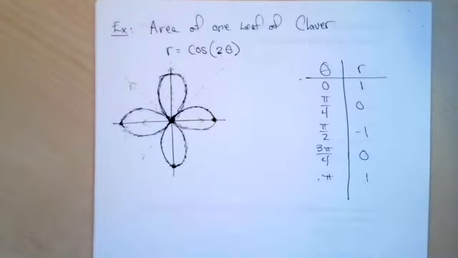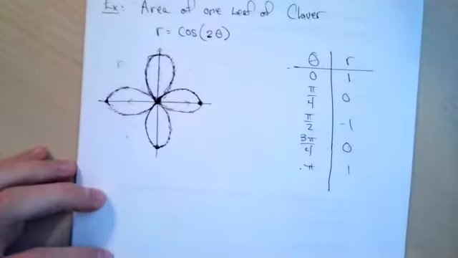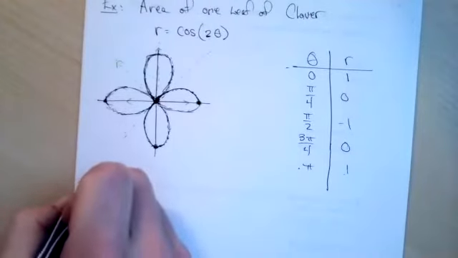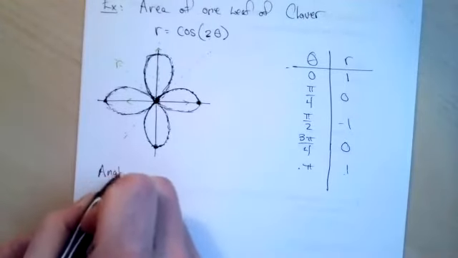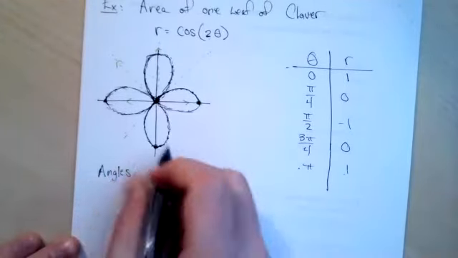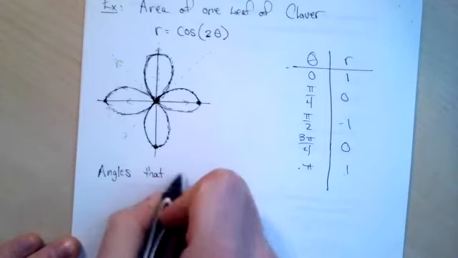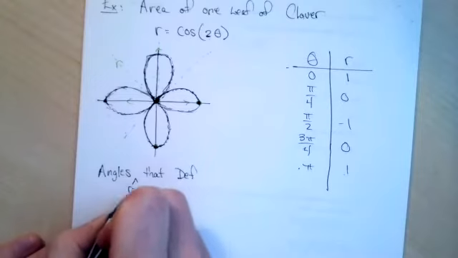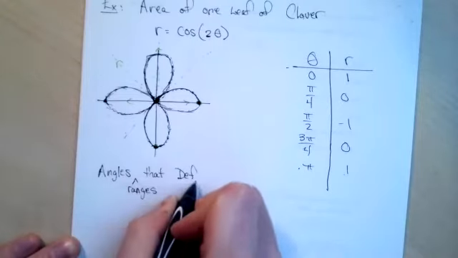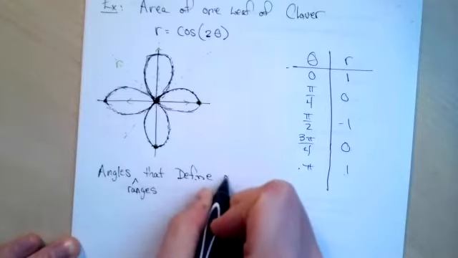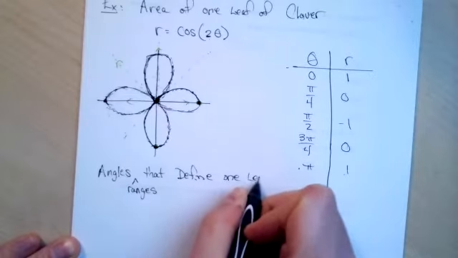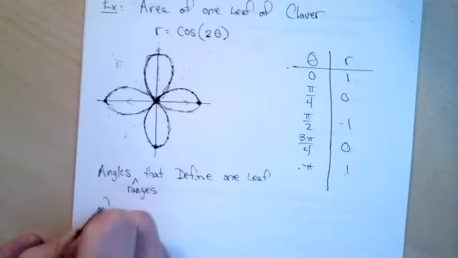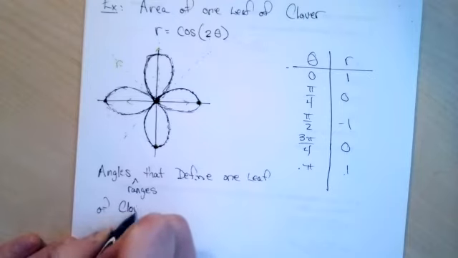Any ideas of how we should do this? Let's say we find the angle ranges that define one leaf of the clover.